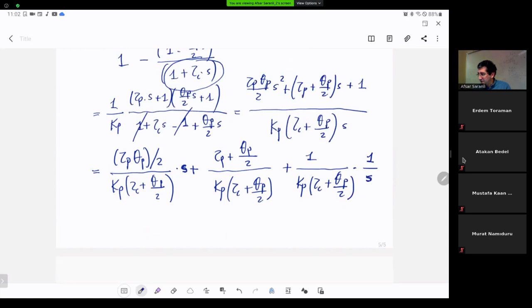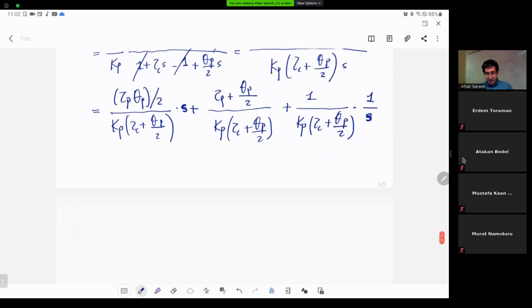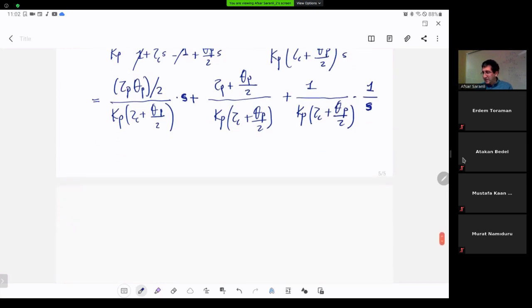So we can already see that we have a PID controller, but I also want to rearrange it in such a way that we clearly define the PID controller terms. This is clearly the constant term.